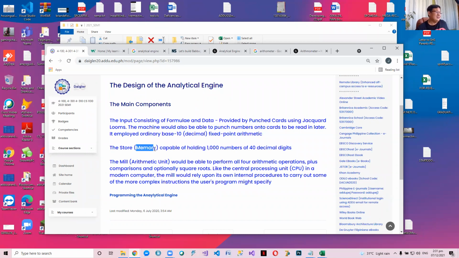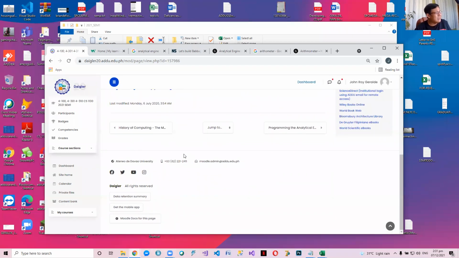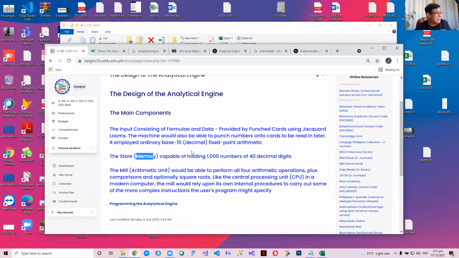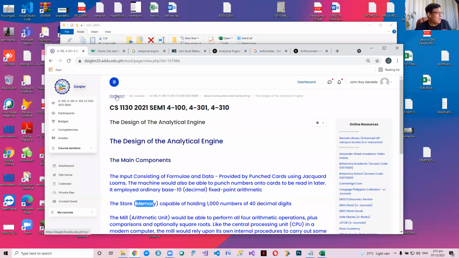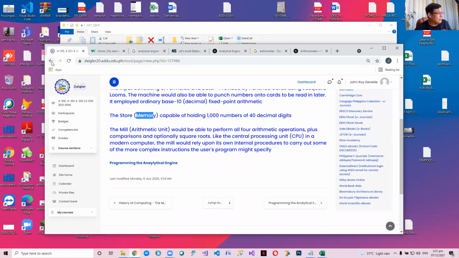Do you follow? So that's the distinct characteristic of Babbage's analytical engine. Magkaiba yung command nasa mill, yung data nasa store. Okay? Unlike nowadays, both the command and the data are in the store. He designed it that way because of the limitations of the technology during those days.